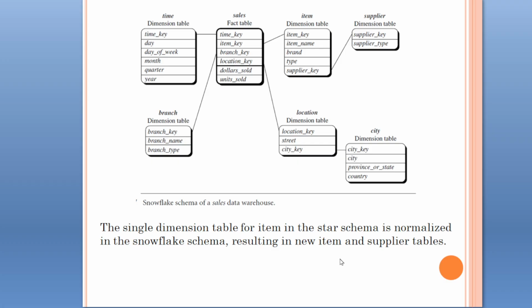So the single dimension table for item is normalized in the snowflake schema, resulting in new item and supplier tables. So here we have a reduced number of attributes in item, and some of the attributes are shifted to the supplier table.